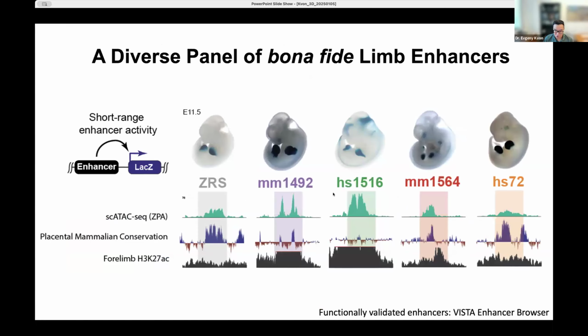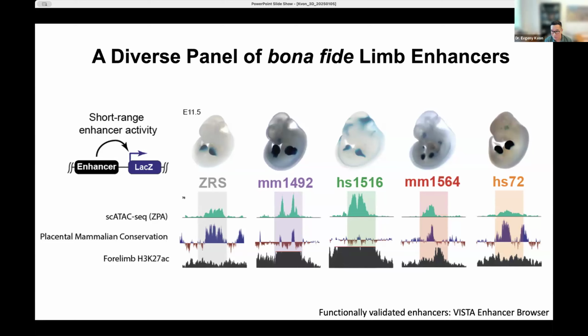To do that, we chose 4 very strong limb enhancers that are active in the same cell population as ZRS, namely the posterior limb bud. All of these enhancers are open in the relevant cell types. They're conserved, and they're marked by H3K27 acetylation.